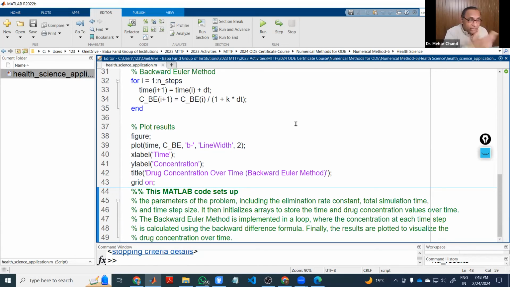You can see that the number of steps does not need to change, and if you use other methods, then you need to decrease the step size. So this is all about today's method, and I hope this will help you apply it to different types of problems in your study.